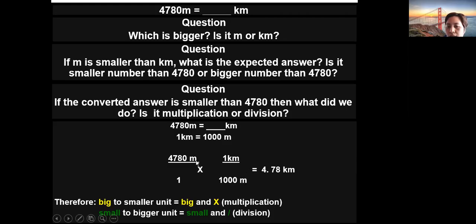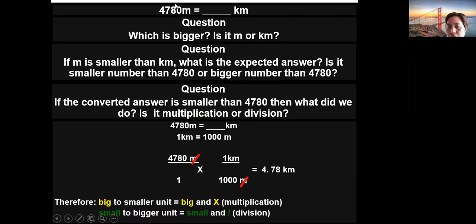For us to be able to cancel the meters, because we're looking for the kilometer, the kilometer will be the numerator. The equivalent for 1 kilometer will be the denominator. So cancel, then divide 4,780 by 1,000. Cancel meter, and we now have the kilometer, the one that we are looking for.